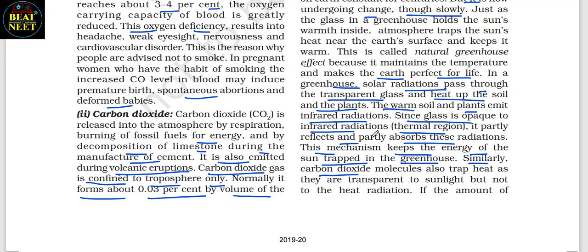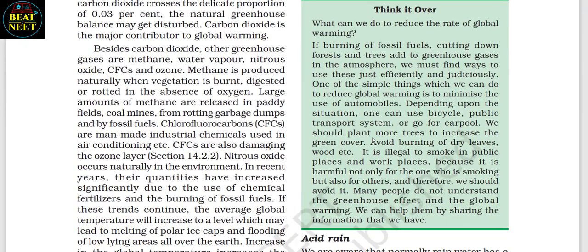Similarly, carbon dioxide molecules also trap heat as they are transparent to sunlight, but not to heat radiation. If the amount of carbon dioxide crosses the delicate proportion of 0.03%, the natural greenhouse balance may get disturbed. Carbon dioxide is a major contributor to global warming. Besides carbon dioxide, other greenhouse gases are methane, water vapor, nitrous oxide, CFCs, and ozone.